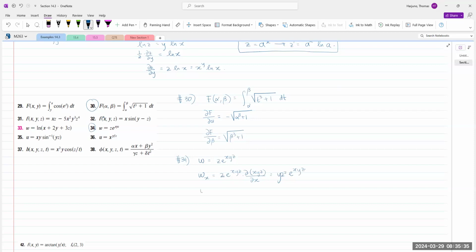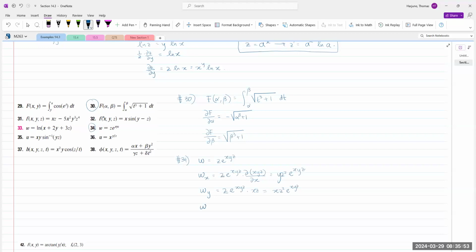The partial with respect to y will be z e to the x y z times x z, which will give us x z squared e to the x y z.